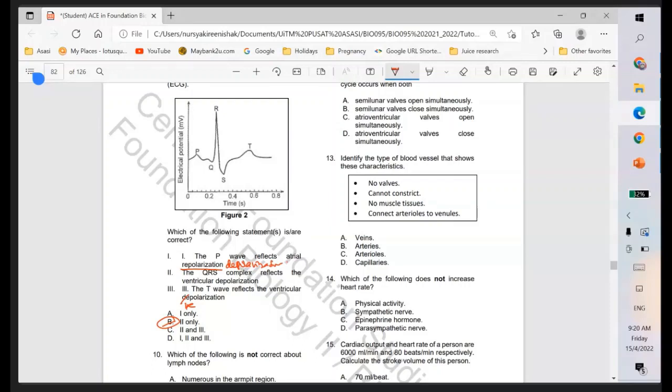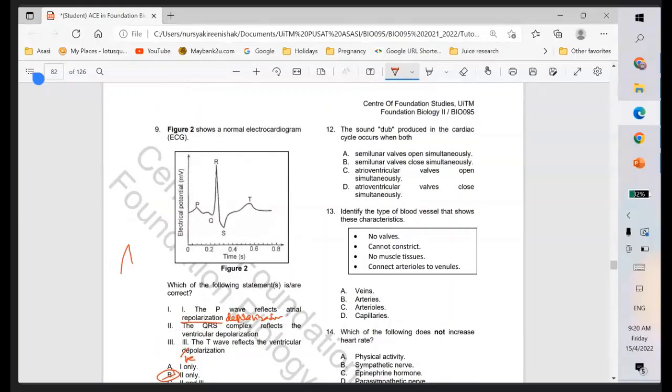Kita dah belajar chapter on the generation of action potential. So action potential, depolarization is the phase where the peak of an action potential and it causes the transmission of impulse. Axon tu should be able to generate impulse. Tapi this one is referring to the heart. Masa sama lah juga. Okay, sama juga.